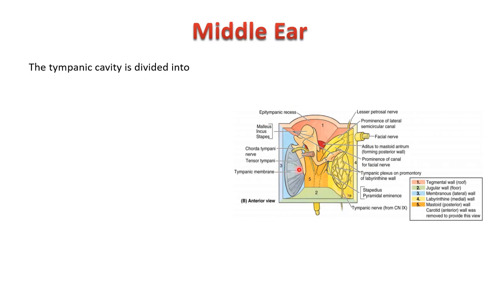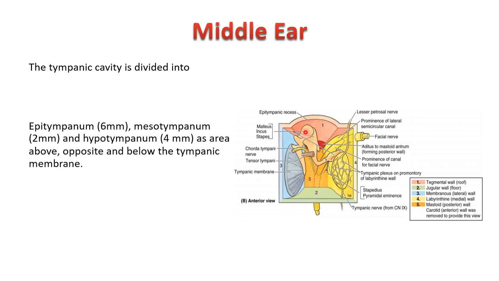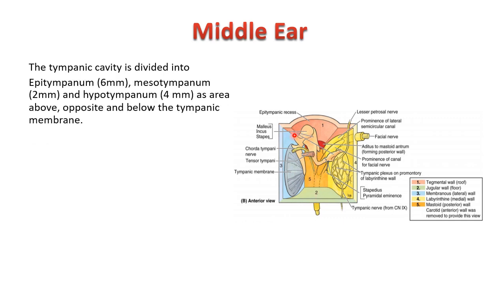So the middle ear can be divided into three parts: epitympanum or epitympanic recess, which is somewhat an extension on the roof, which extends above the tympanic membrane at its widest part.